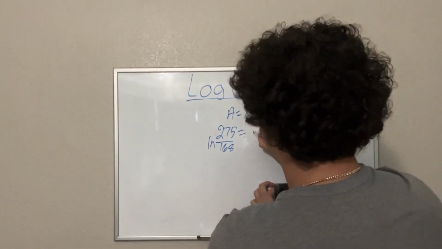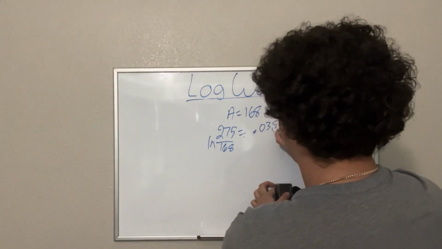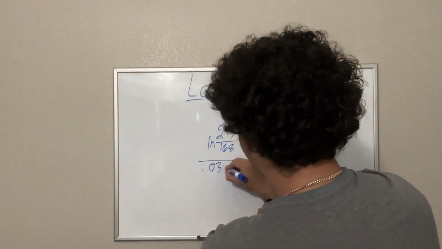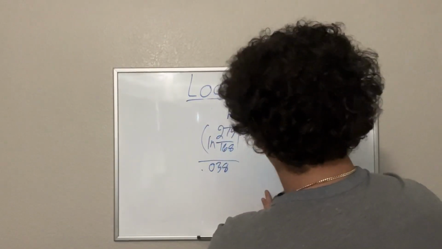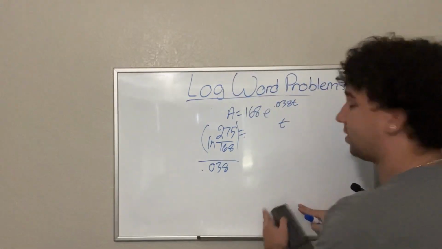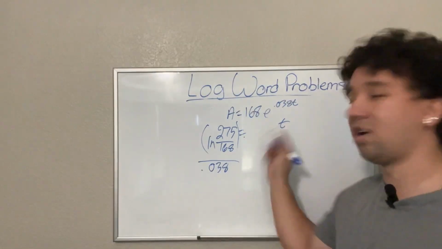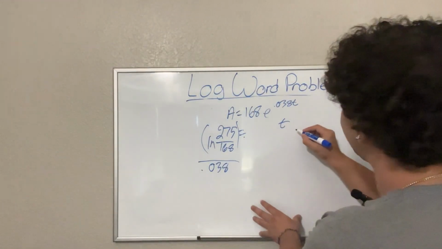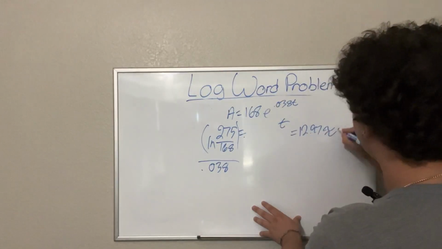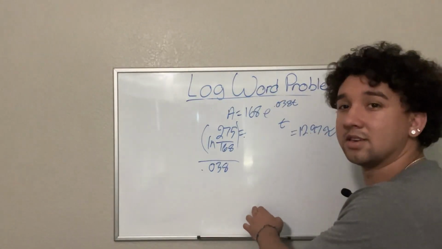That gets rid of the e. Divide everything by 0.038. That provides me with just t. And ultimately, again, all of this is calculator work. I just plug that into a calculator and get 12.97, or roughly 13 years.